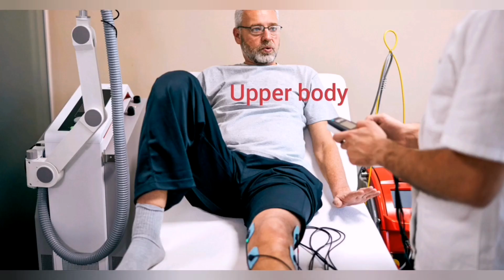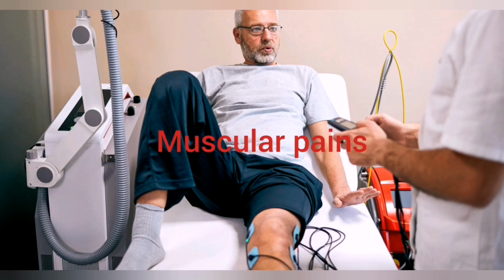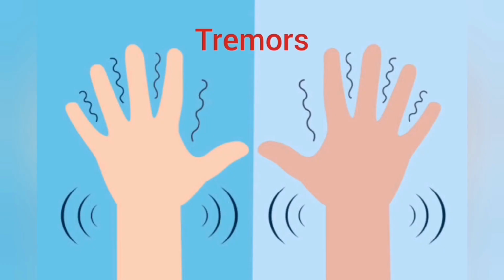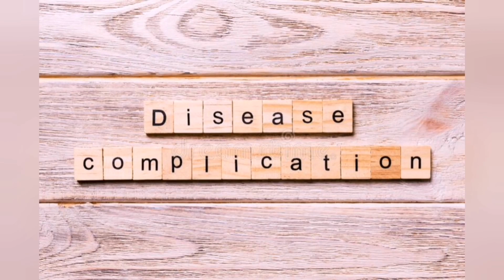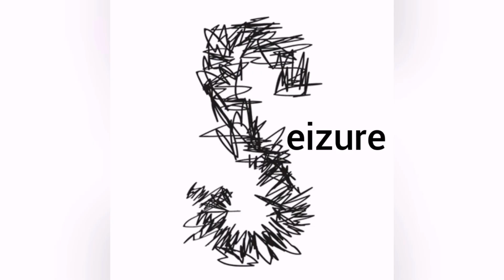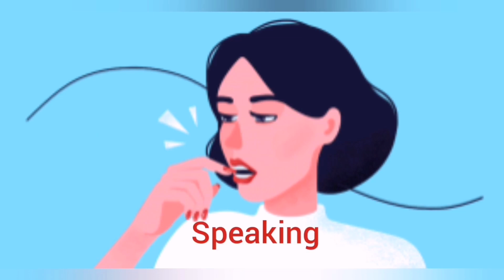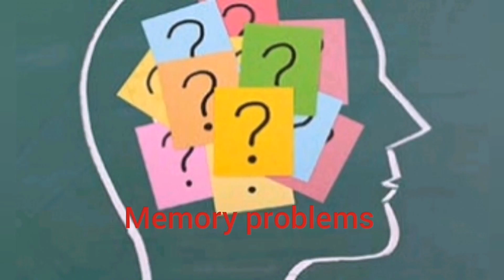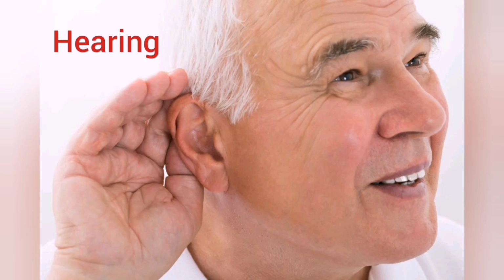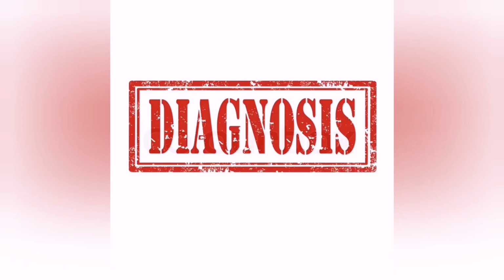Individuals can exhibit upper body weakness, muscular pains and tremors, and others. Complications of this disease include seizure, trouble speaking, memory problems, hearing problems, and others.